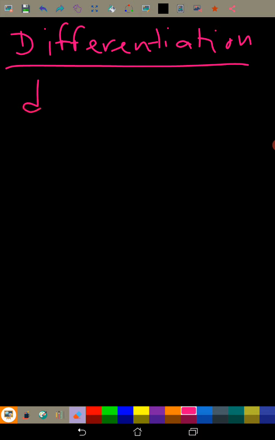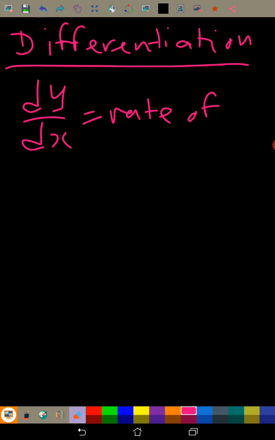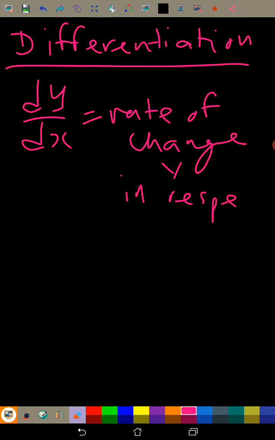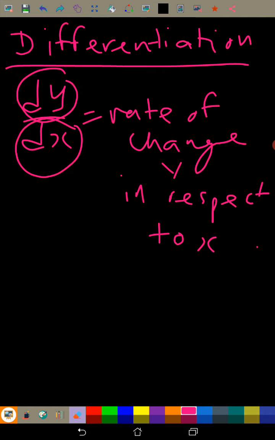If we have, for example, dy by dx, usually that's how it is denoted. So it's just a rate of change of y in respect to x. That's what it means. It's how fast y is changing in respect to the value of x.